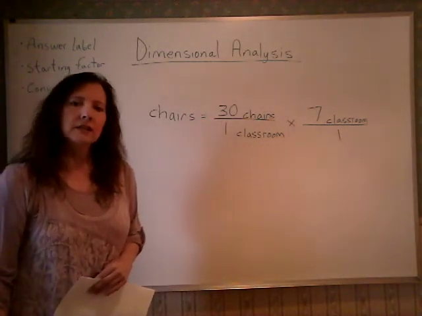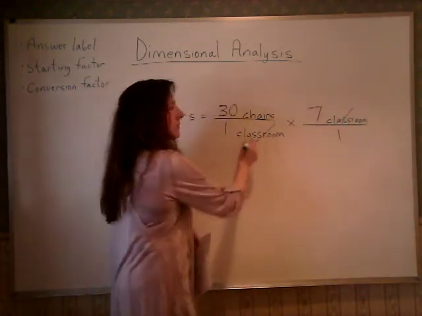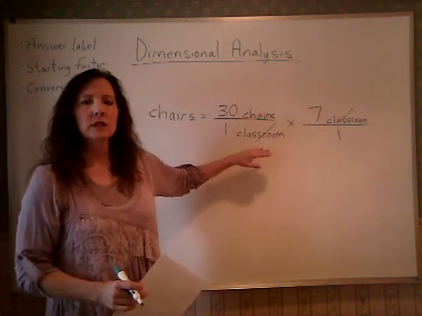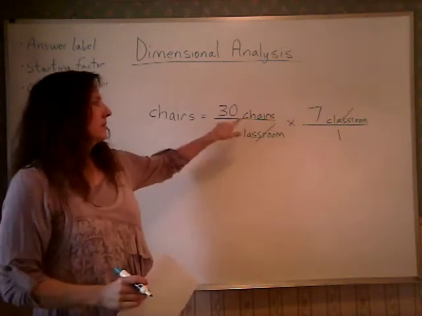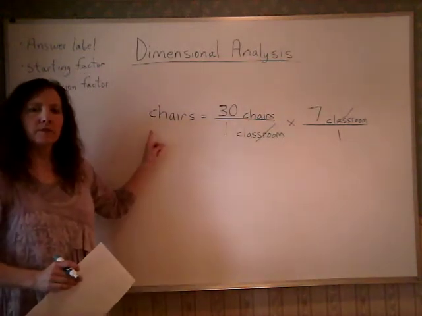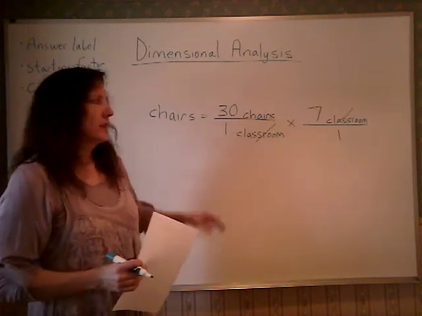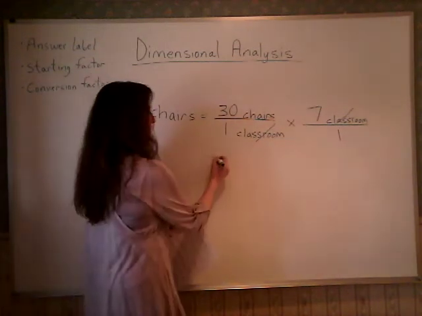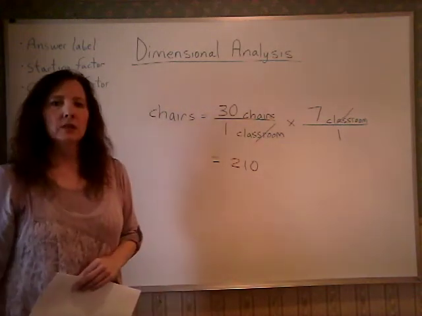And then you cross-cancel what you can. Classroom in this numerator with classroom in this denominator, so that you're left with just chairs, which is in our answer label. Then we do our math calculation, and we know that we multiply across the numerators. 30 times 7 is 210.